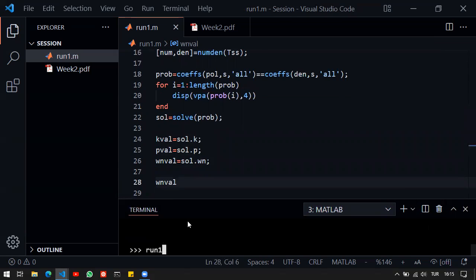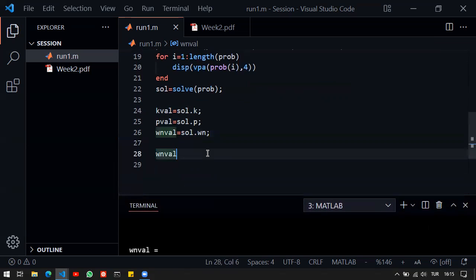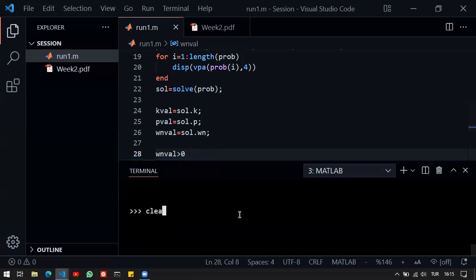Let's see if it works. So there we go. Now, in order to choose some elements, I can just directly give my condition here. Now, if I have such a condition, I will get, of course, this.